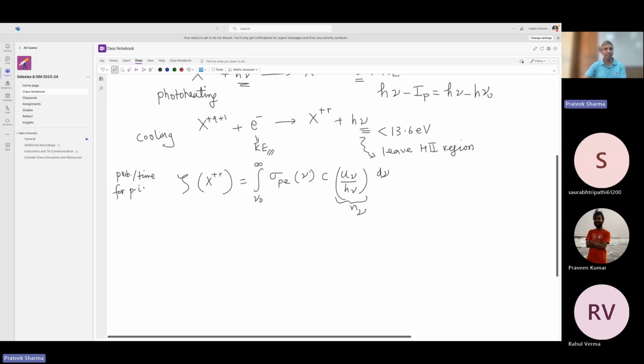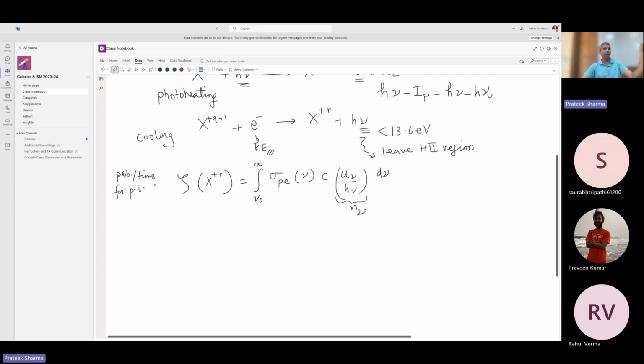So number density times sigma times c is nothing but a rate. And for nu less than nu naught, sigma is 0, so it's only from nu naught. And I've actually not multiplied this by n X plus R, right? So this is a probability.